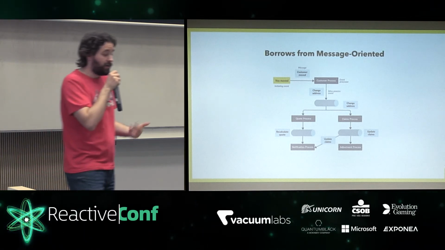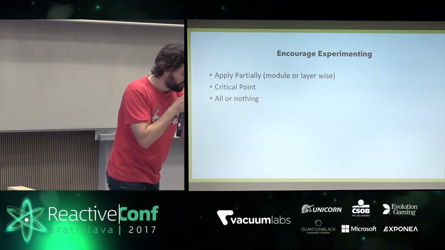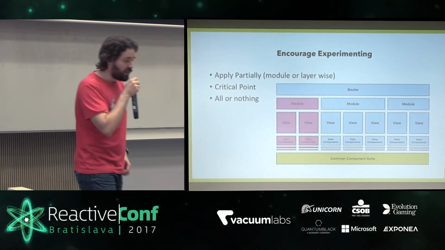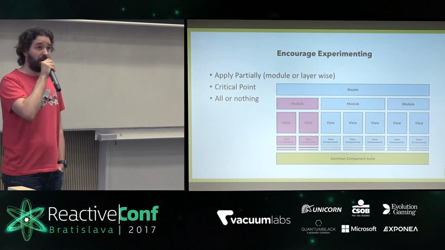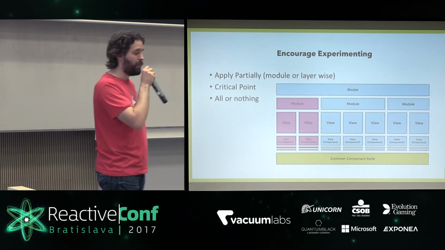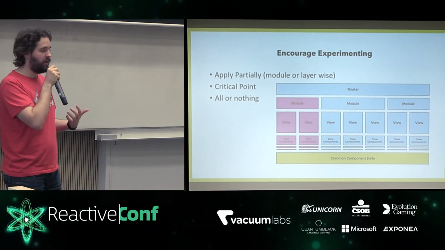But how to introduce such a change into a large application? Basically, what I would recommend at that point is some partial update, like some experiment in the code base.